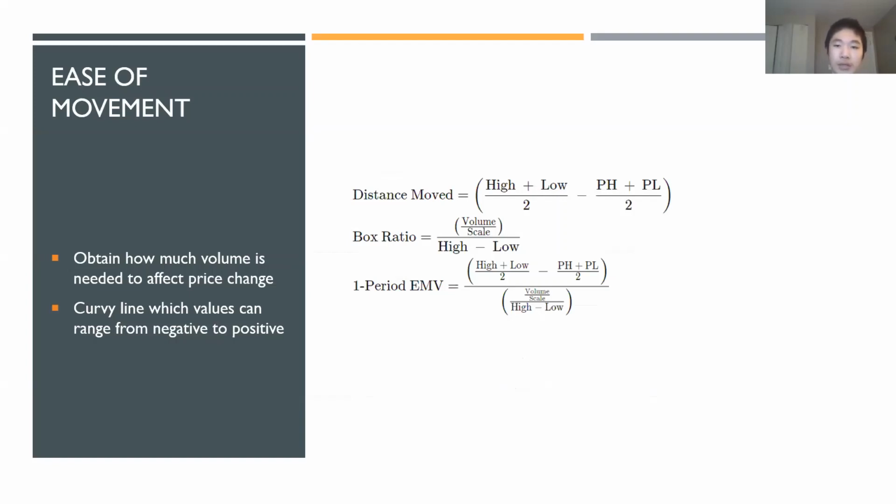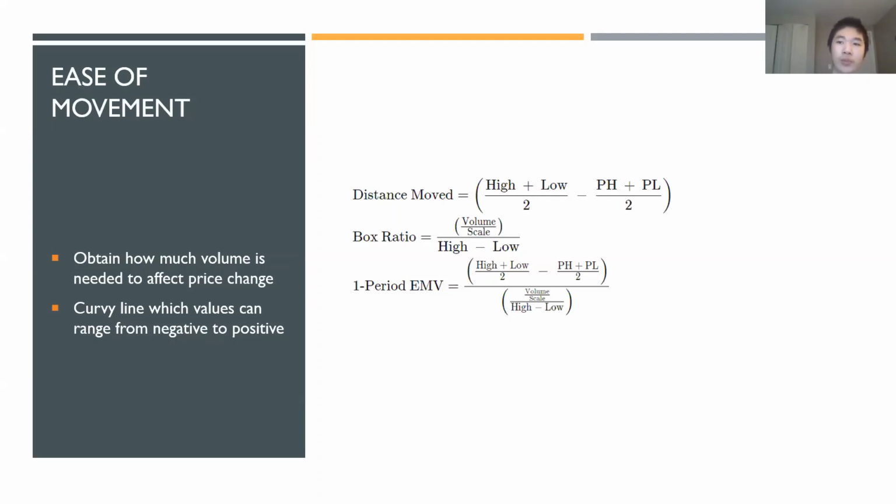So what I can say is, if the volume is low and the range is high, it is likely that the stock price change would be more fluid. It would be easier for the price to fluctuate, to move. Meanwhile, if the volume is high but the range is quite low, it's not as easy.